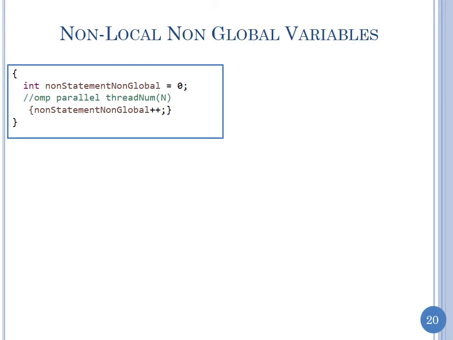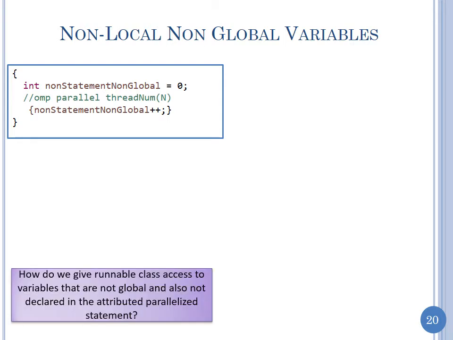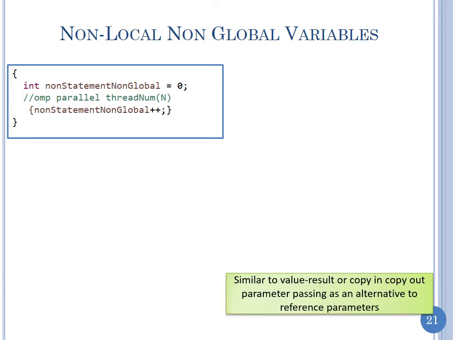So how do we give the runnable class access to variables that are not global and also not declared in the attributed parallelized statement? That's the question. Okay, and for those of you who've done 524 with me, we saw that there are reference parameters and there are non-reference parameters.